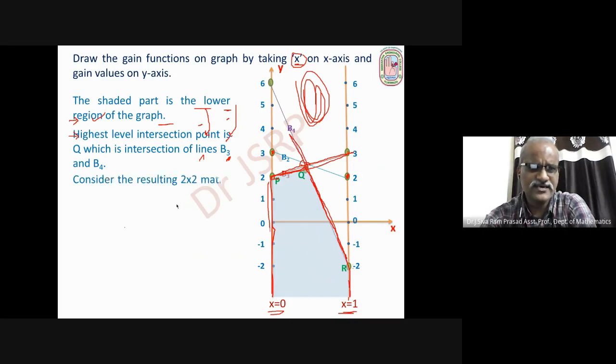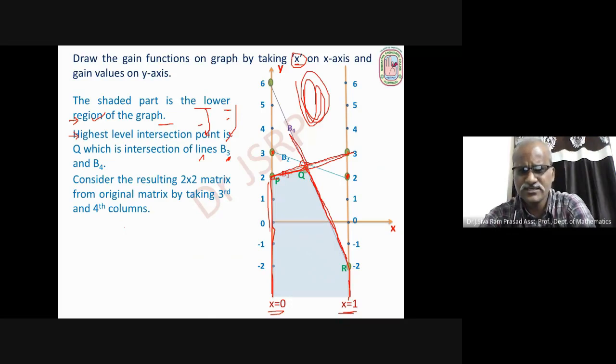There are only two lines passing through this intersection point. So consider the resulting 2 by 2 matrix from the original matrix by taking the third and fourth columns, since two lines, B4 and B3, pass through this point.